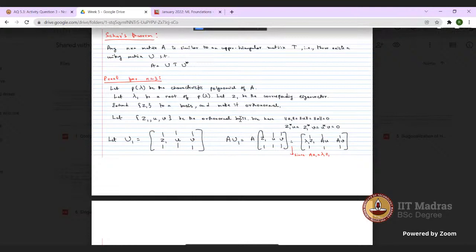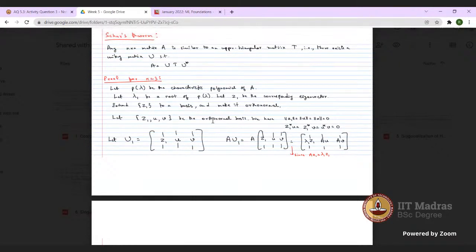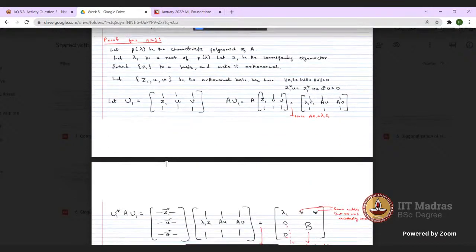By definition, since orthonormal is a special type of orthogonal, Z1 star B equals U star B equals 0.